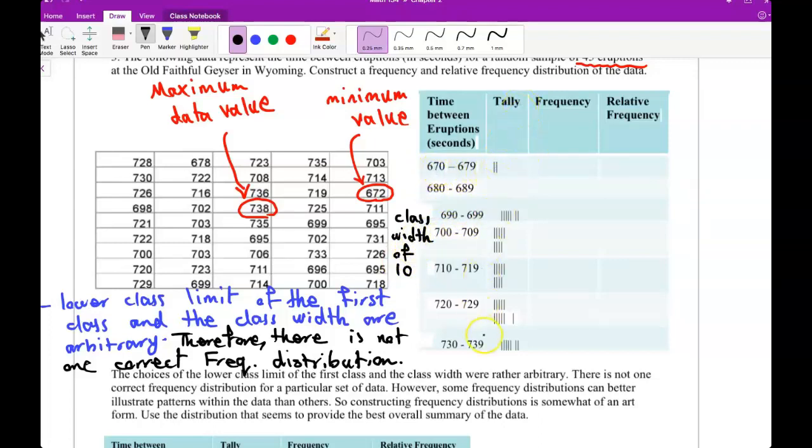And on this part we have to tally how many numbers we have in this interval. Here is 672. Then we should have another one between these numbers.